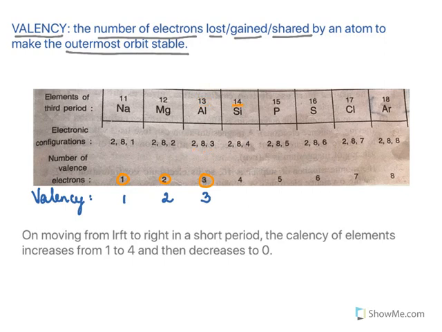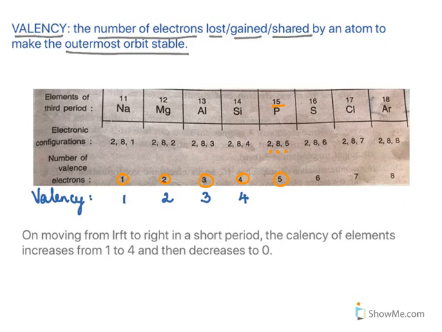Next we go to silicon. Silicon 2, 8, 4, valence electrons 4, it will share the 4 electrons and hence we call this covalency. This is 4. Then phosphorus 15, electronic configuration 2, 8, 5. Now valence electron 5.